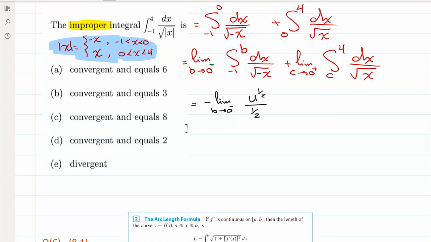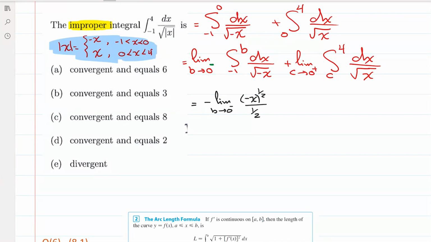Over half, right? And you substitute the value of u again, it will be minus x. Is that clear? It will be minus x here. Is that clear?